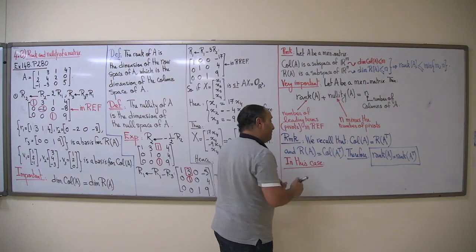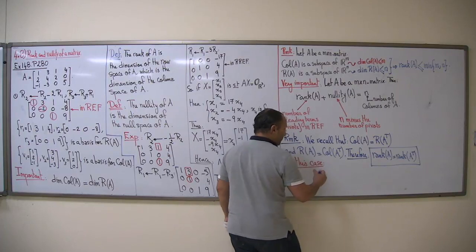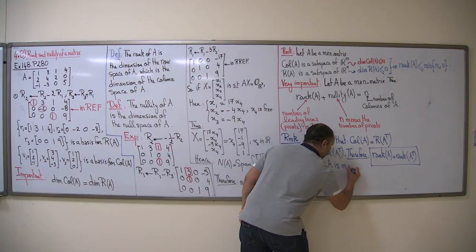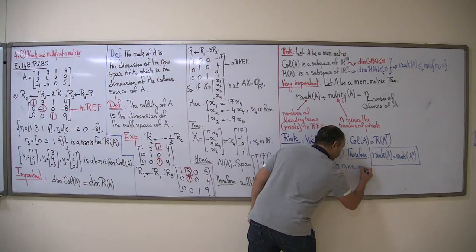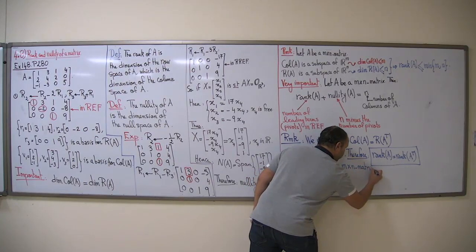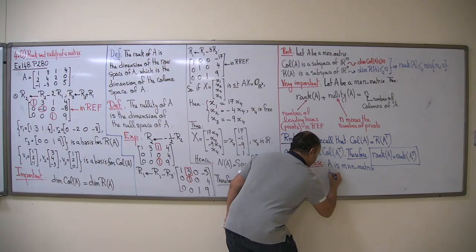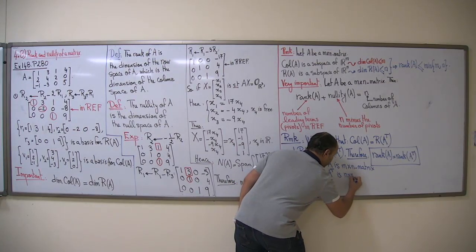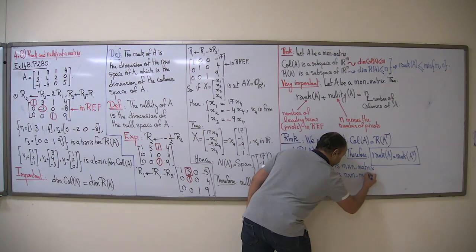Okay, so let's repeat this one. A is an M by N matrix. So A transpose is an N by M matrix.